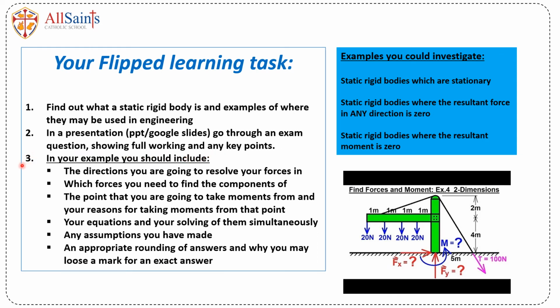Point number three, your example should include the following: the directions you are going to resolve your forces in, which forces you need to find the components of, the point at which you're going to take moments from, and your reasons for taking moments from that point, your equations and your solving of them simultaneously, any equations you have made, and an appropriate rounding of answers, and why you may lose a mark for an exact answer. It's really important.